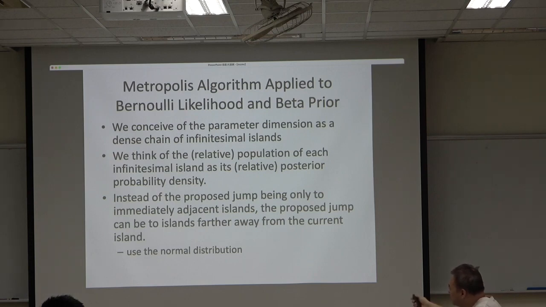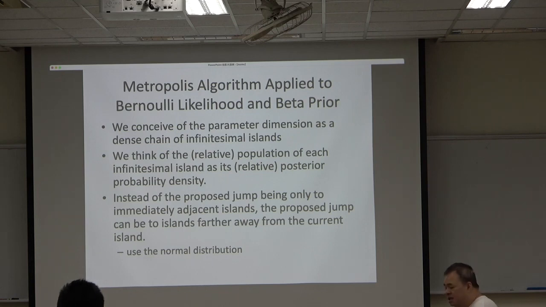The rest talks about using a Bernoulli likelihood and beta prior for coin flips. You can use coin flips to justify the generalized Metropolis algorithm, but I will skip that.